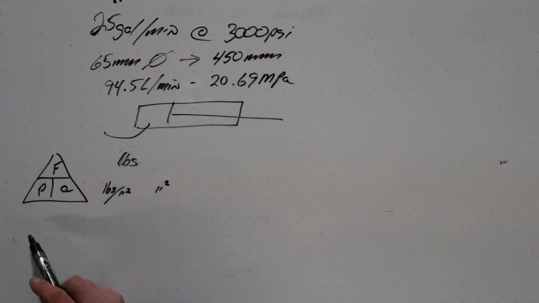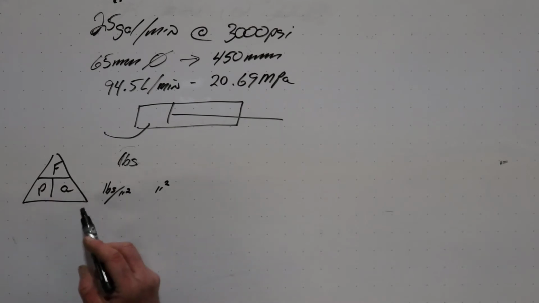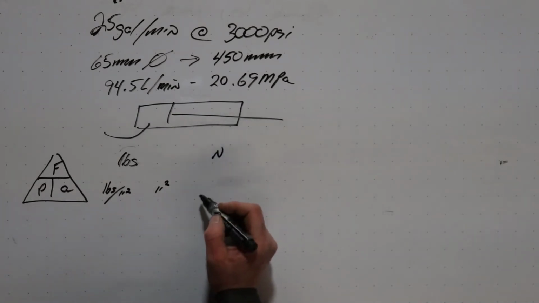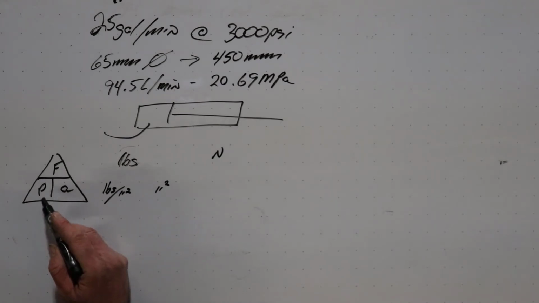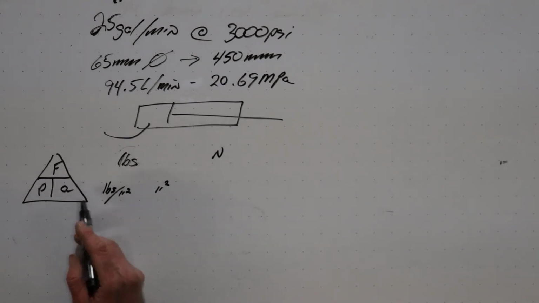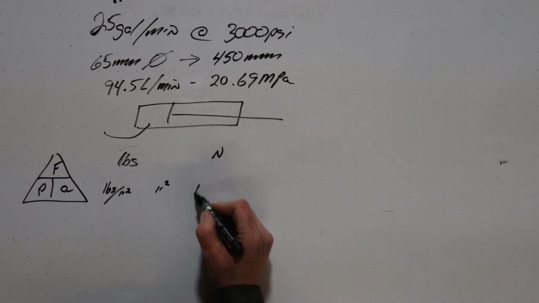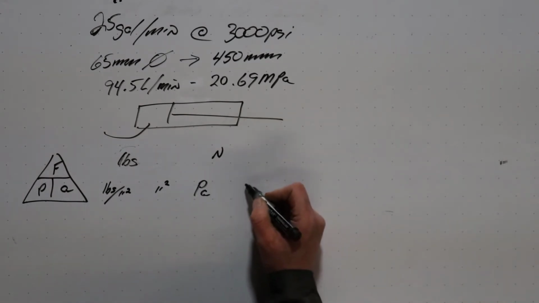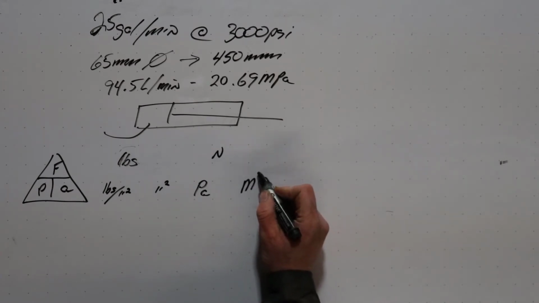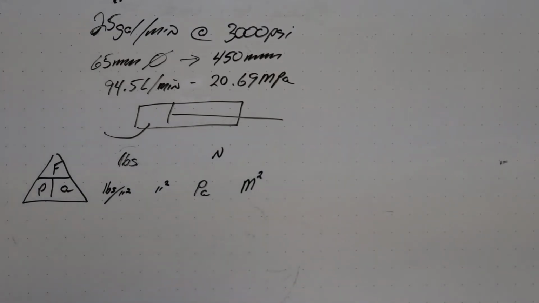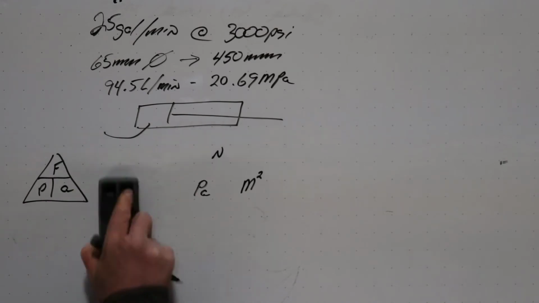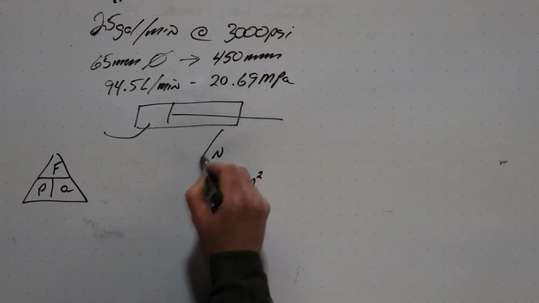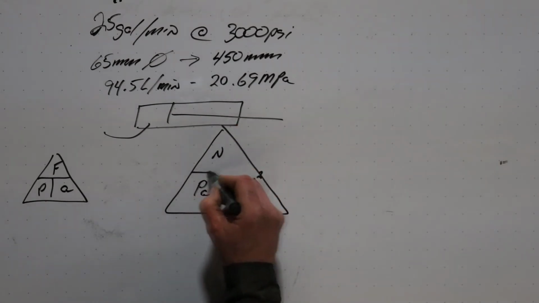When we're talking in metric, mass is measured in kilograms, force is measured in newtons. So we're going to have newtons on the top. Our pressure, which in imperial is pounds per square inch, in metric is a pascal. And area, this is a weird one, meters squared. So those are my base units for metric: 1 Newton, 1 Pascal, and 1 meter. There's my triangle.